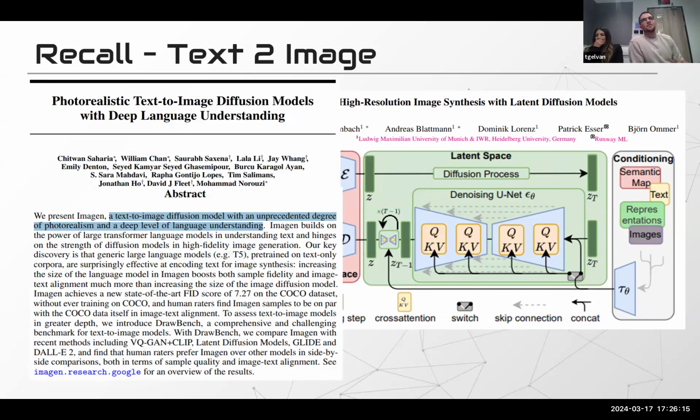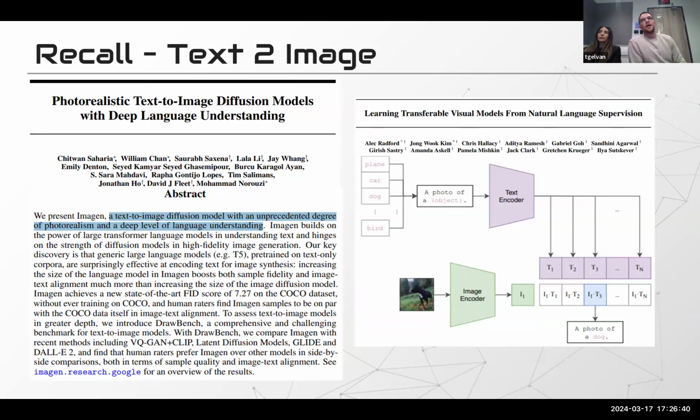Another thing that is related for text to image, as we saw in lecture 6 about guided diffusions, is the idea of text to image. Here I quote the paper of Imagen, a text to image diffusion model with an unprecedented degree of photorealism and a deep level of language understanding. And what Mickey showed us is the concept of CLIP to train the denoiser with text.